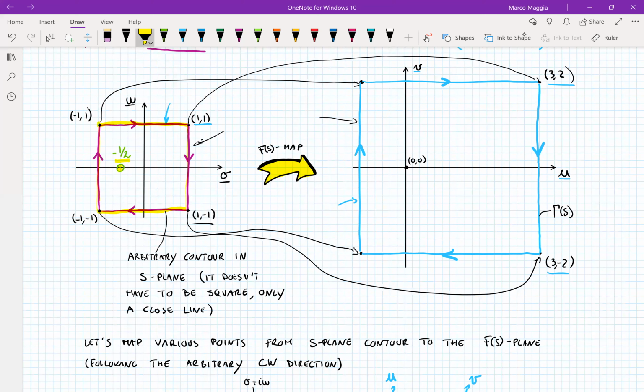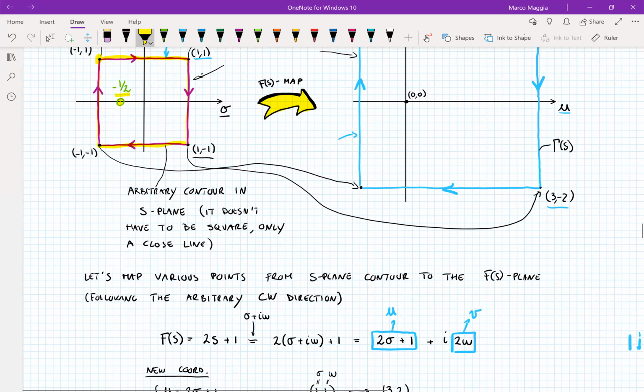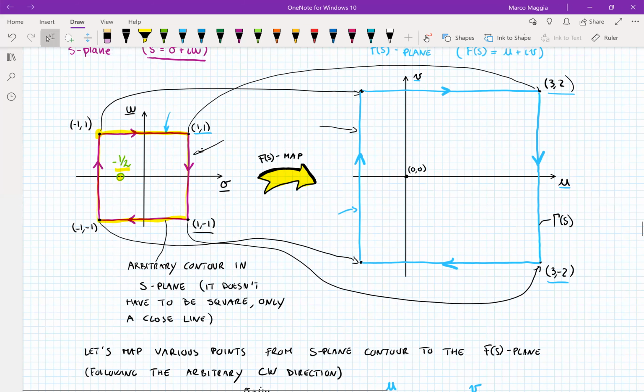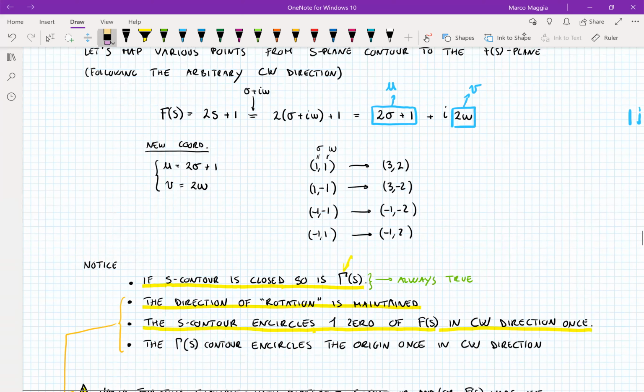So if you start from one vertex and you follow all the contour and go back to the same vertex, you've just gone around the zero once. Again, this is not always the case, because if we had chosen a different contour, always closed, let's say we had chosen this one, well, this wouldn't have encircled the zero of f of s at all. So these considerations, once again, are specific for the example, but they're going to be useful in a few moments.